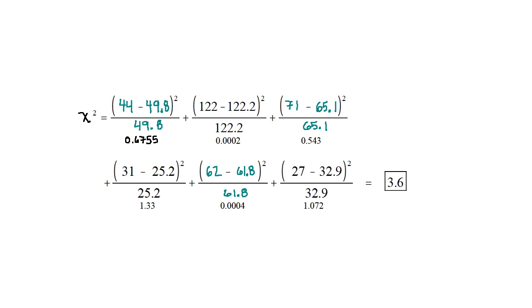So looking at our calculations here, we saw that this calculation gave us the largest contribution to chi-square, and our second largest would be this one here with a contribution of 1.072. At the very least, we need to make sure we comment on the one that makes the largest contribution.